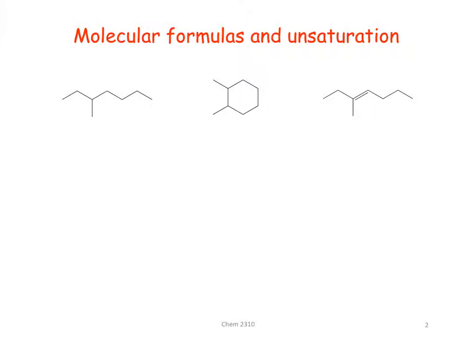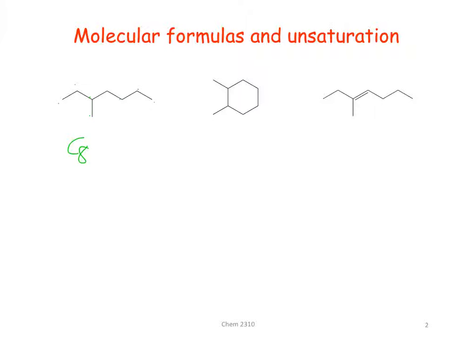Before we get into the real structures of alkenes, let's discuss molecular formulas. Alright, so we've already talked about formulas of alkanes, like this one on the left. So really, to come up with a formula here, all we need to know is the number of carbons, right? So we have 1, 2, 3, 4, 5, 6, 7, 8 carbons, right?